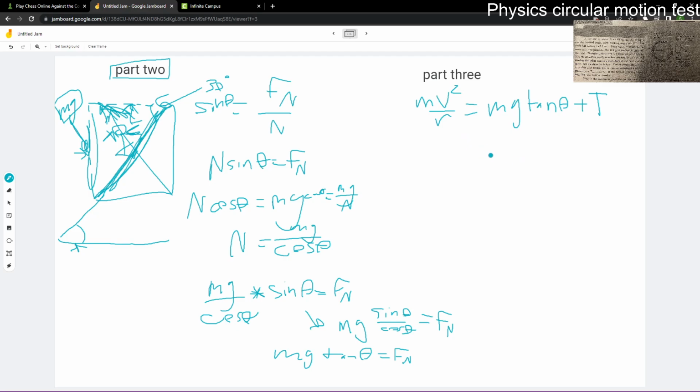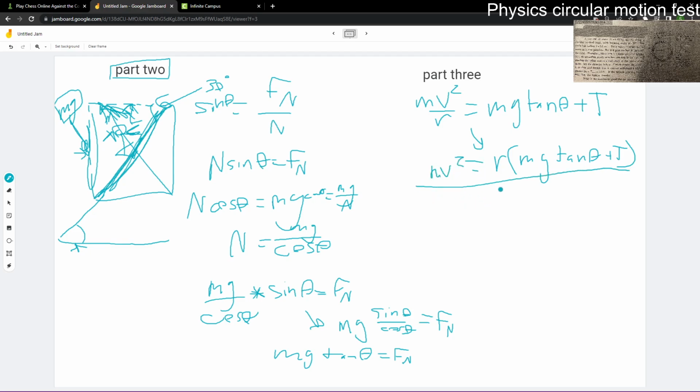With some algebraic manipulation, we take the r: r times (mg tan theta plus T) equals mv squared.